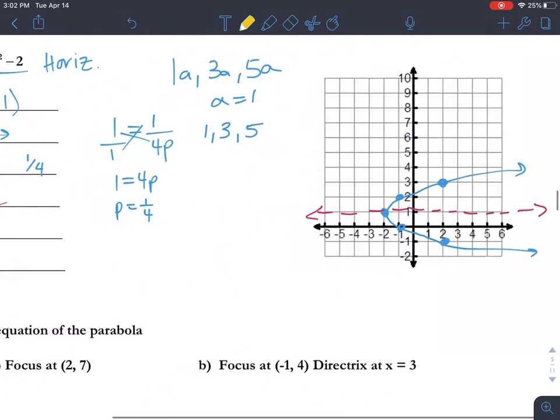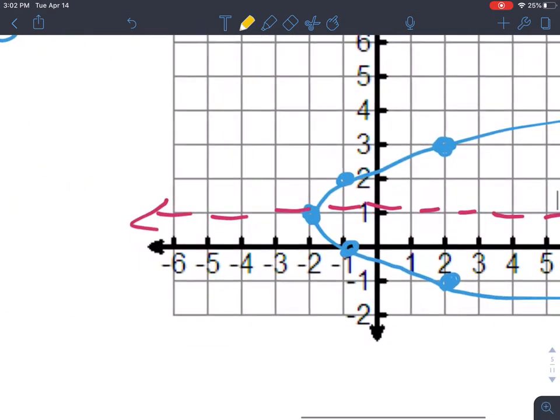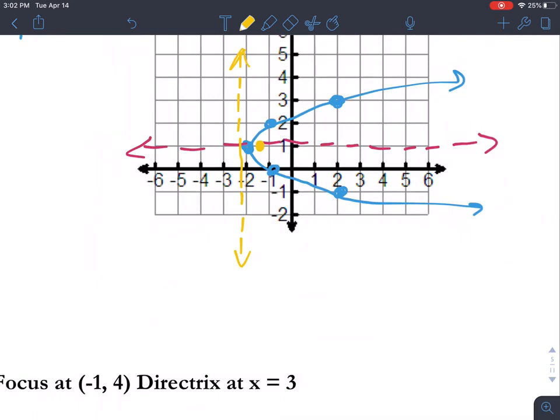We know that P is +1/4, so we're going to go 1/4 inside, 1/4 outside. Okay, 1/4 inside. Be careful because you're in the negative values. So instead of going all the way to -2, I went to -2 but plus 1/4. -2 plus 1/4.